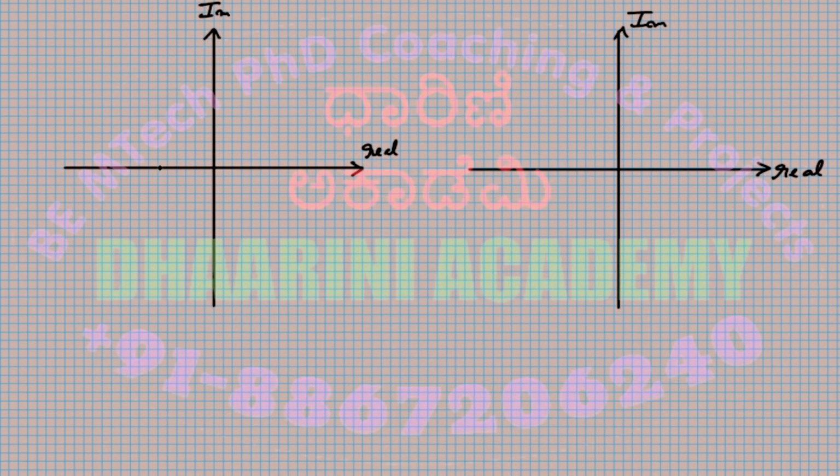I assume maybe this is 1, 2, 3, 4. So this is 0, S equal to 0, minus 1, minus 2. You denote the pole by an X mark. So this is one pole, this is the other pole.